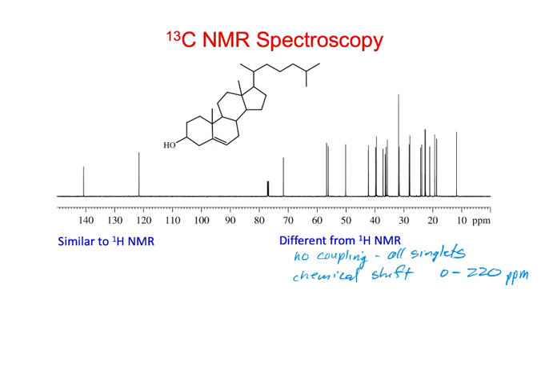Similar, you still have a solvent peak. We do have a solvent peak. Okay, I'll fill in a few things here. Similar, I would say, is that even though the chemical shift range is much greater, the chemical shifts do kind of follow a similar trend.